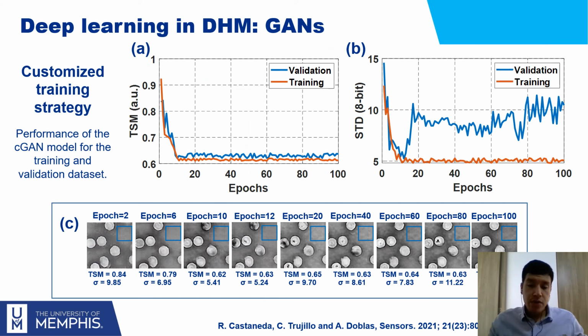One of the most important features of GAN models is that the convergence criterion is not well defined. We will need some sort of alternative external way of determining whether or not our model is good enough for us. In our case, we understand the physics behind the DHM reconstructions, so we know what to expect.